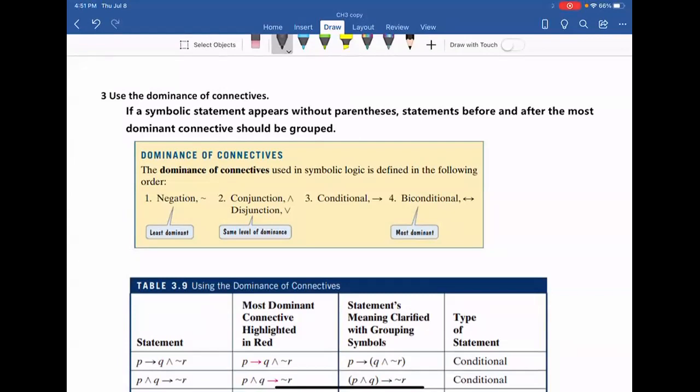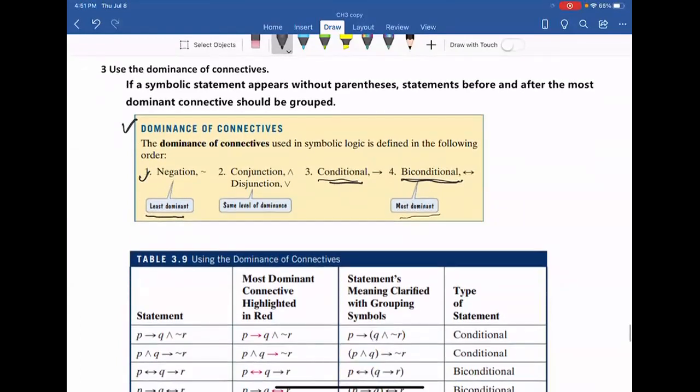The dominance of connectives used in symbolic logic is defined in the following order: negation, conjunction, disjunction, conditional, biconditional. So the first one is least dominant, and the last one is the most dominant.